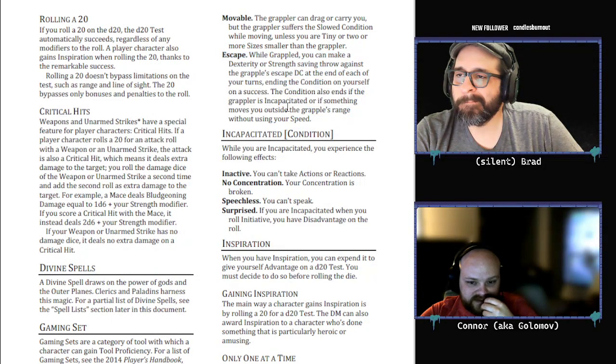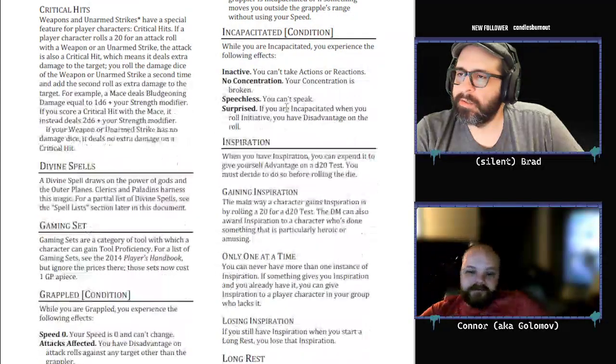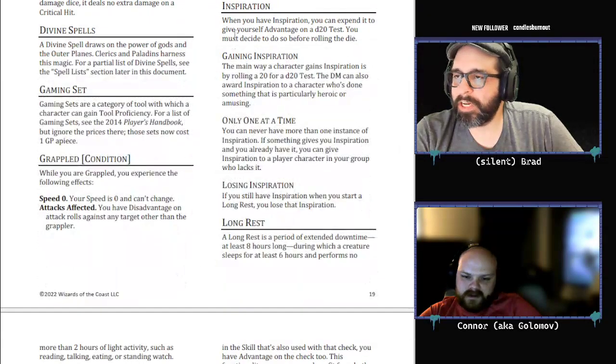Incapacitated, I don't think this has changed at all. It's just in here because it was mentioned. Inspiration, this is them really wanting it. And I mean, incapacitated lost auto crits.